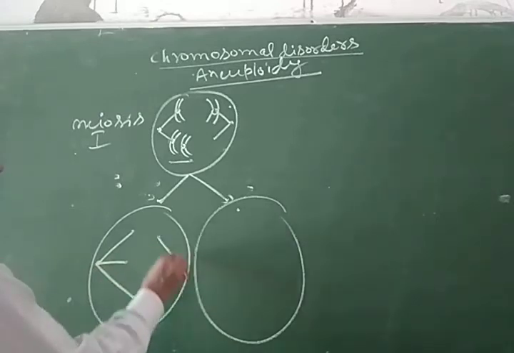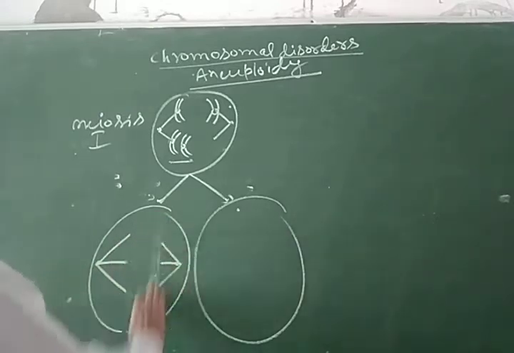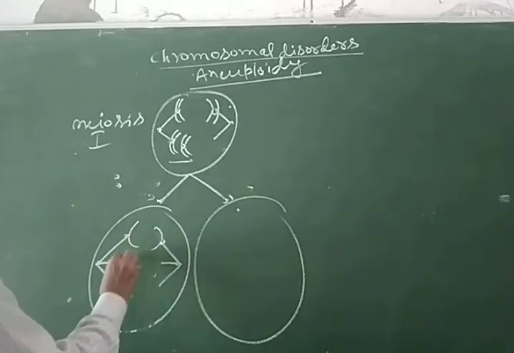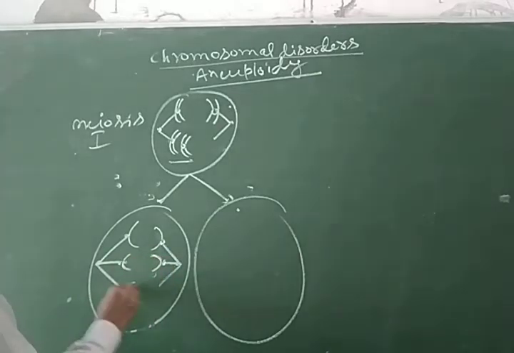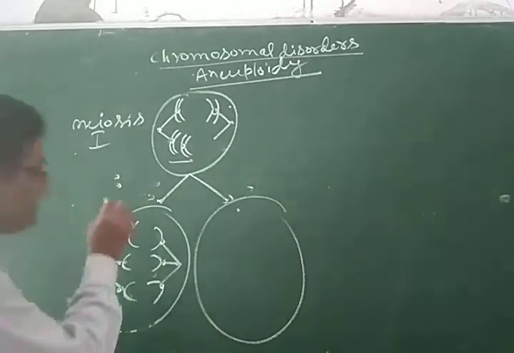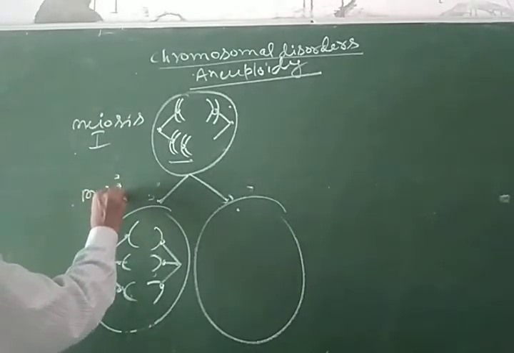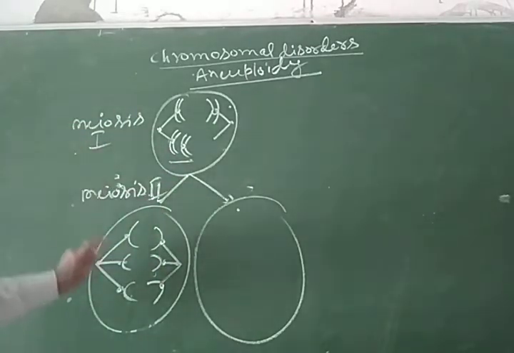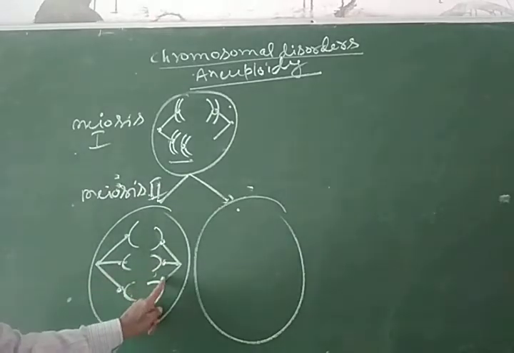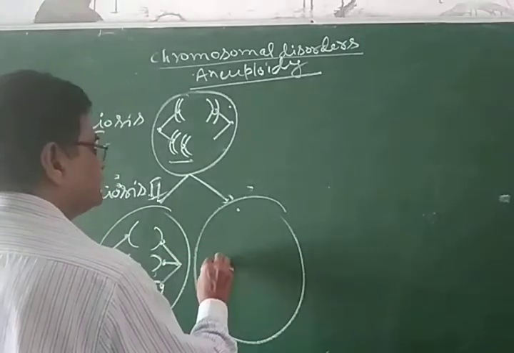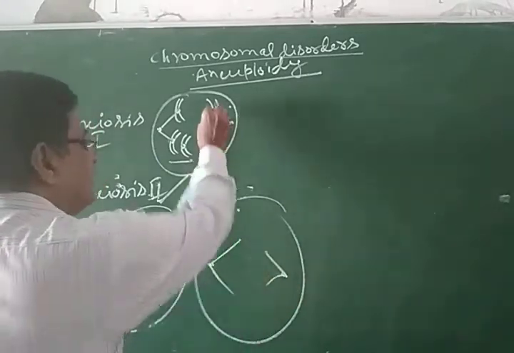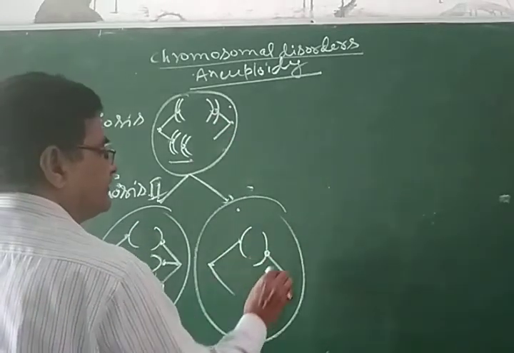Now see, this is the meiosis second stage. In one cell there will be three chromosomes, while in the other there is only one chromosome.